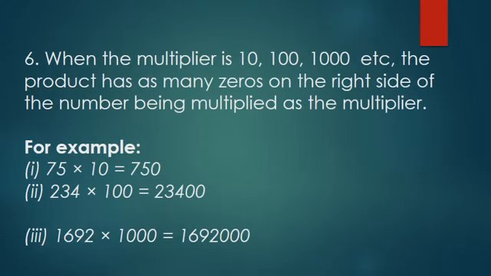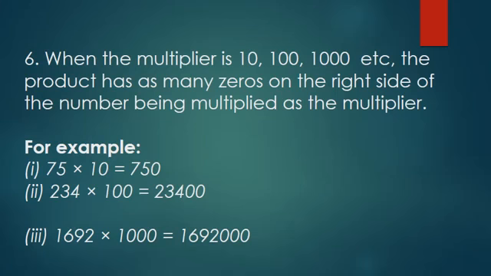Now the next property is when the multiplier is 10, 100, 1000, etc., the product has as many zeros on the right side of the number being multiplied as the multiplier. For example, 75 into 10 is equal to 750. Then second, 234 multiplied by 100 is equal to 23,400.